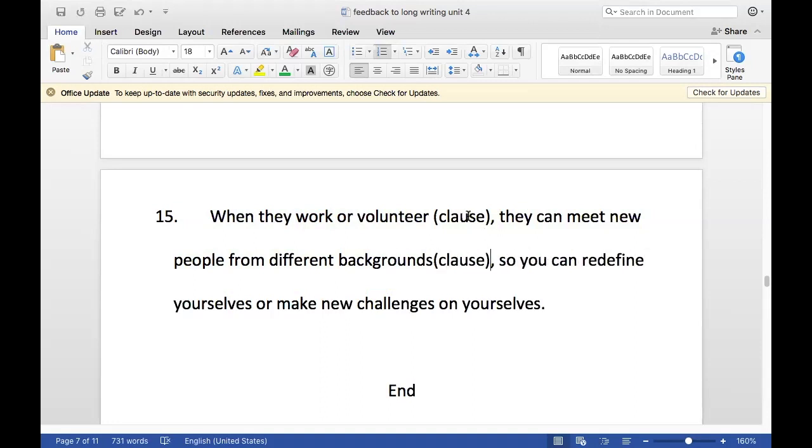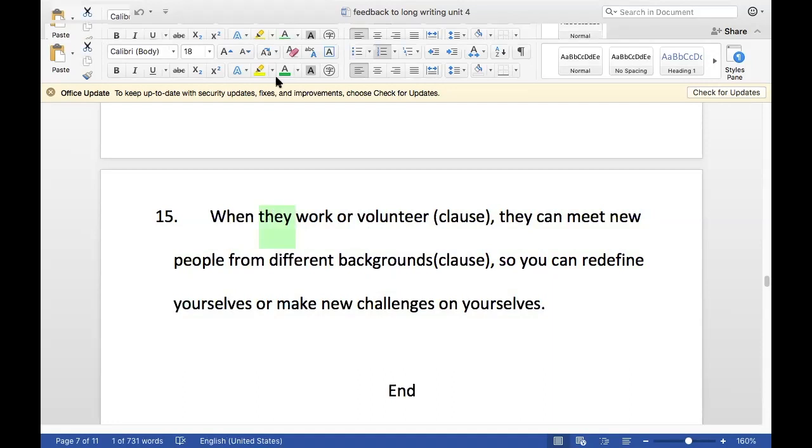They can meet new people. So after, so is a connective, okay, connective. And then you say, you can redefine yourself or make new challenges. In terms of sentence structures, all these structures are correct. But in terms of meaning, something is so weird.